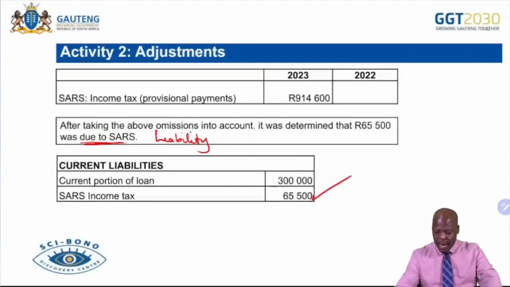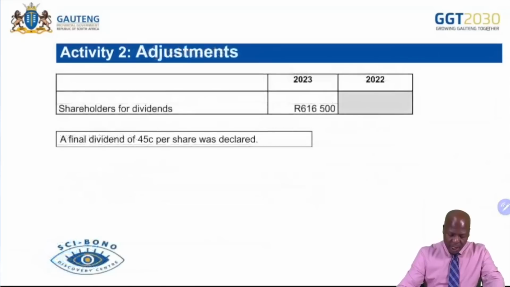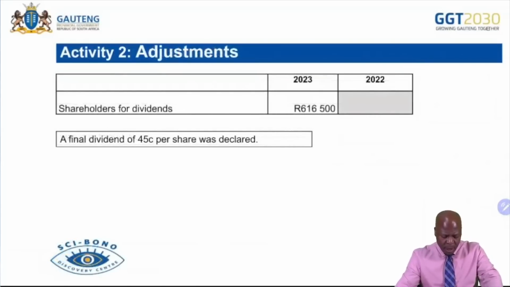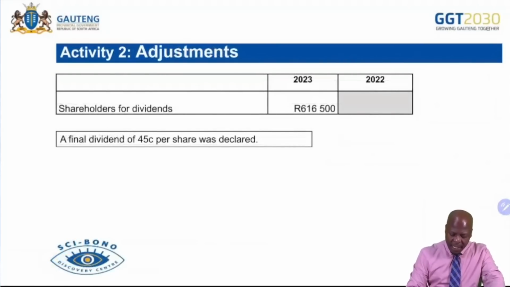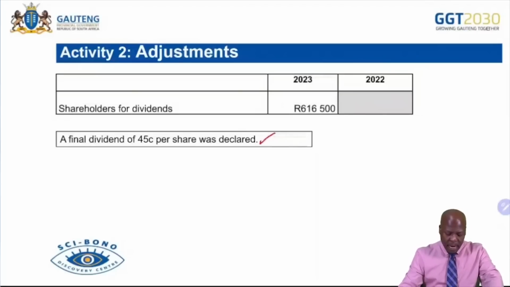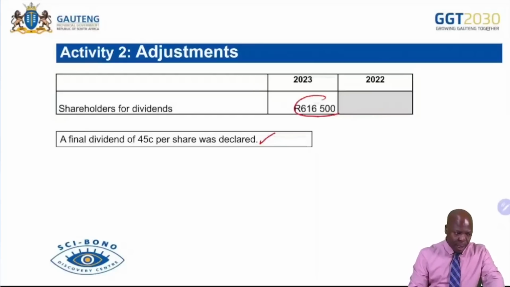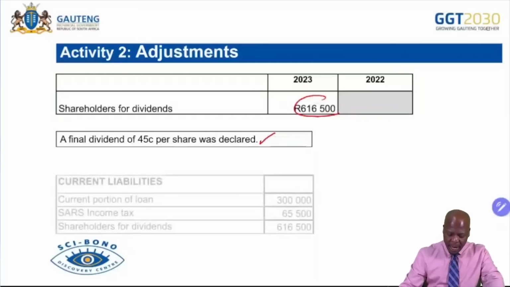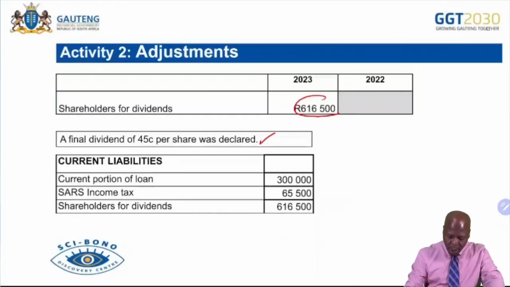So once it's a liability, we come here and we have our 65.5. And then the next adjustment reads, a final dividend of 45 cents per share was declared. Now remember, we are doing the statement of financial position. We are given shareholders for dividends here, so that should make it easy. We simply record our shareholders for dividends there.